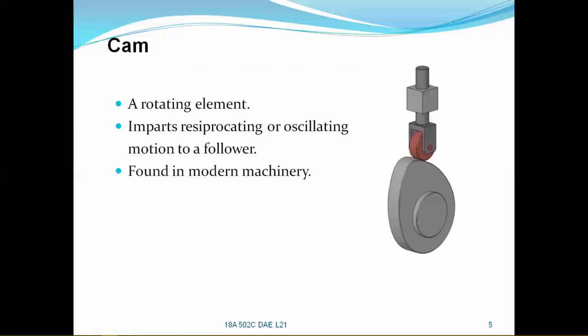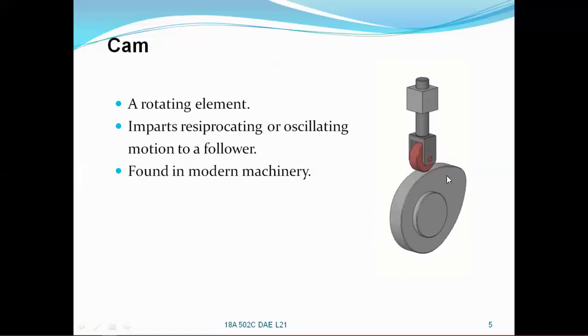Here you can see, this is the cam which is rotating about its own axis, and at a certain point the height is more and at another point the height is less.